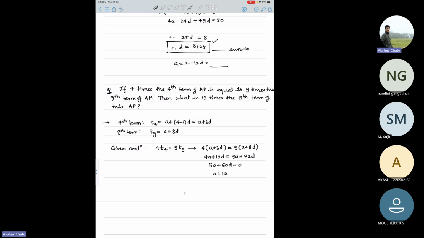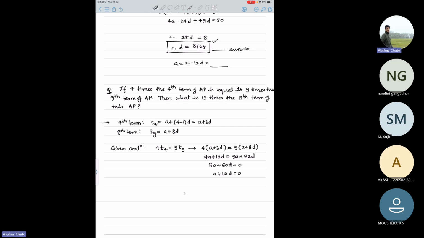This becomes A plus 12D equal to 0. And what is this A plus 12D? Can anybody tell me? You can type it out also. T13. Yeah, so it's T13.